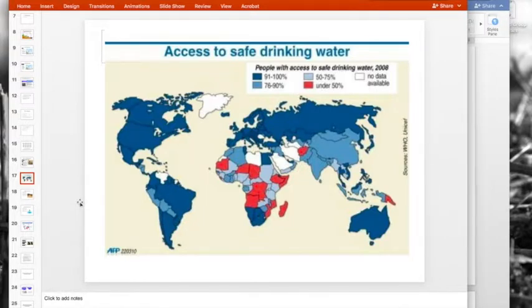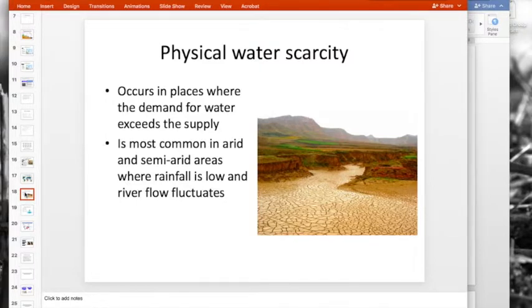Now, we would say then that these people are experiencing water scarcity. In some cases, people experience physical water scarcity. So physical water scarcity occurs in places where the demand for water exceeds the supply.